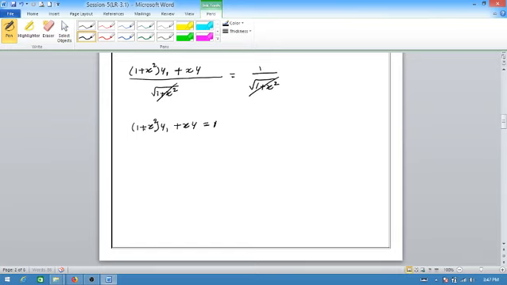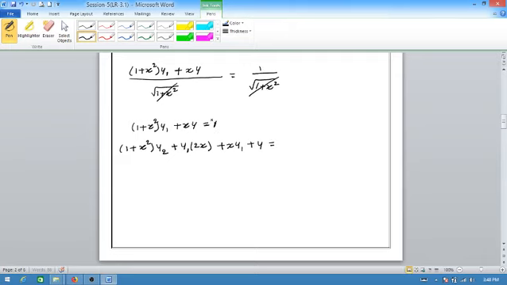Now you need to differentiate one more time. Here also use the product rule. 1 plus x square as it is, differentiation of y1 is y2, plus y1 as it is, differentiation of 1 plus x square is 2x, right? Then plus the second term, x into y, here also product rule. x as it is, differentiation of y is y1, plus y as it is, differentiation of x is 1.